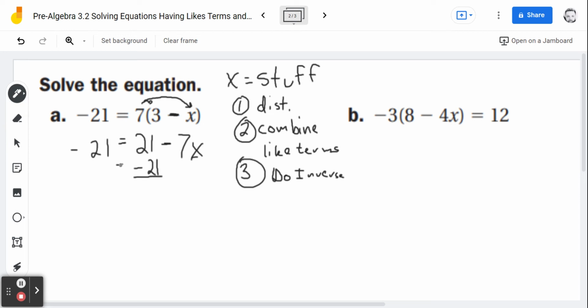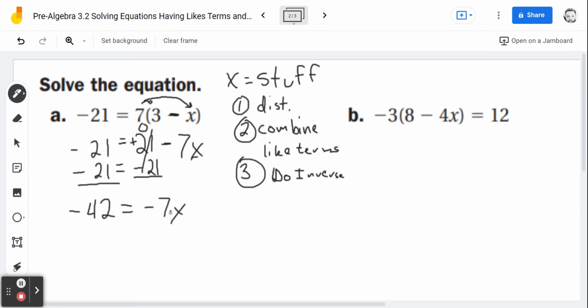I'm going to subtract it from the positive 21, and whatever I do on one side, I have to do on the other. So these cancel. In other words, 21 minus 21 is 0. 0 plus negative 7x is just negative 7x, right? And then what's negative 21 minus 21? Negative 42.